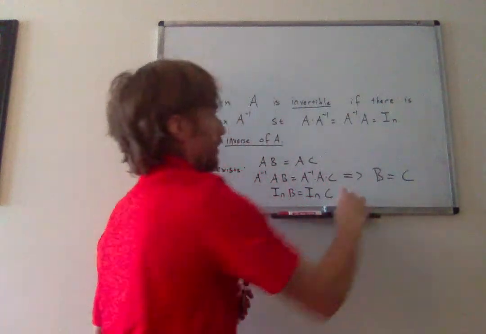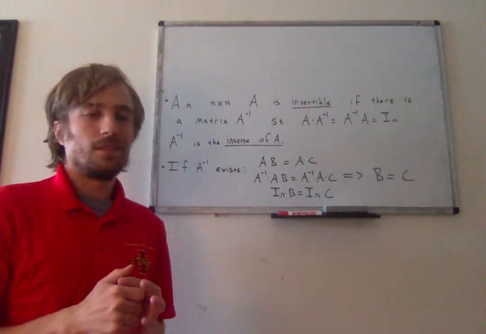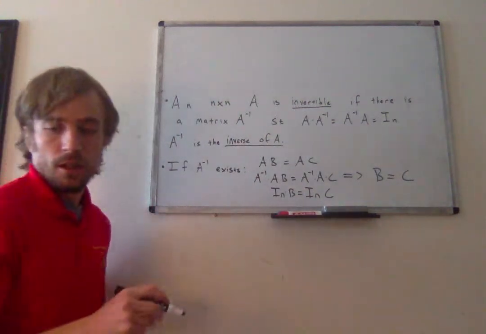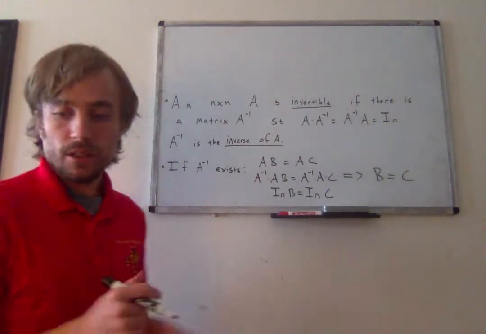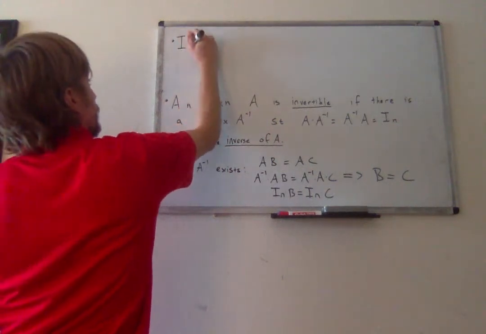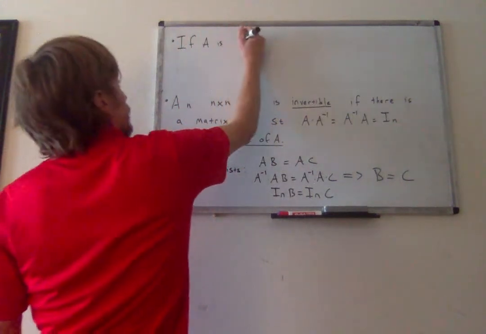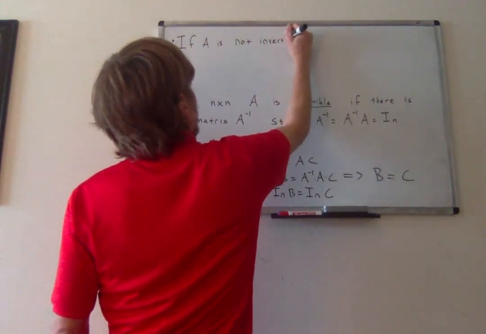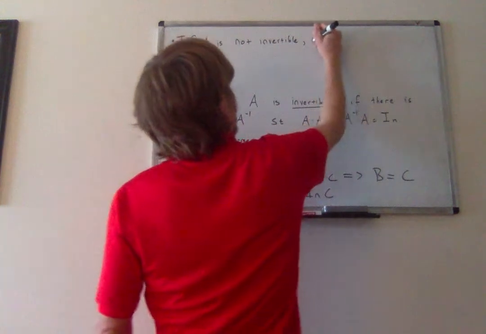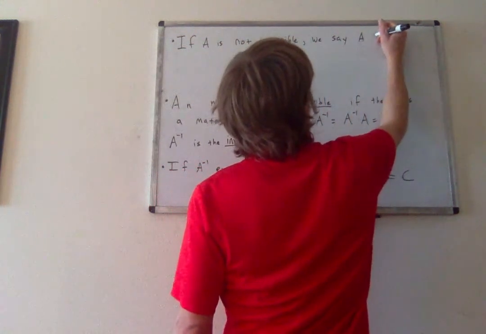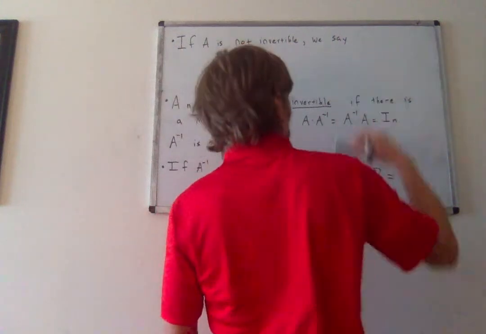Everything else gets kind of annoying once you start to get higher dimensions. But that's why we have computers, I guess. So just a quick note, sometimes if A is not invertible, we'll call A a singular matrix.